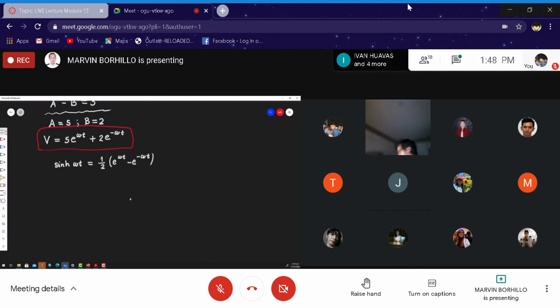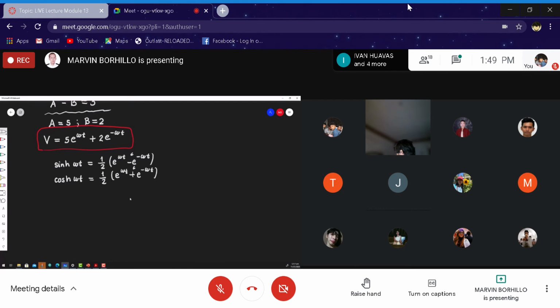Yung hyperbolic cosine omega t is equals to 1/2 times quantity e raised to omega t plus e raised to negative omega t. Pinagkaiba lang yan yung sign sa second term, no?